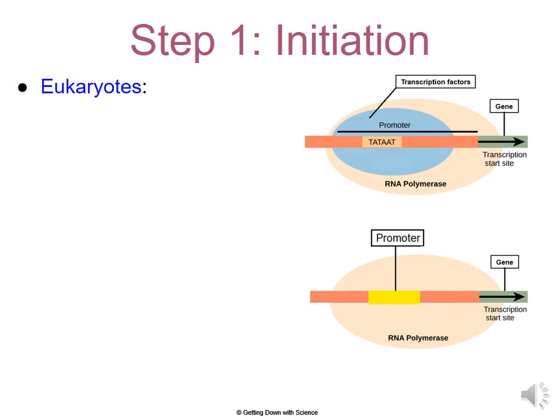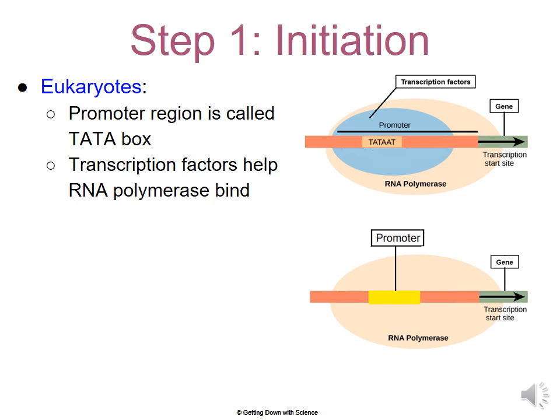Here, notice we have what we call the TATA box, the promoter region. We look for the TATA box in eukaryotes. And transcription factors will help that RNA polymerase bind right there to the TATA box, the promoter region.